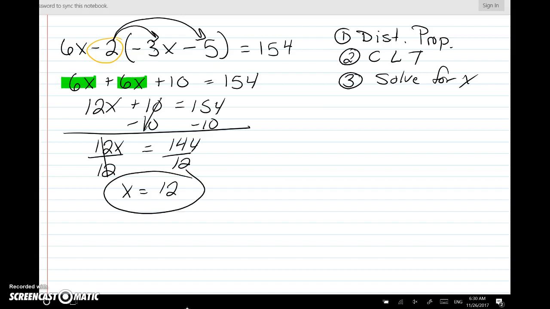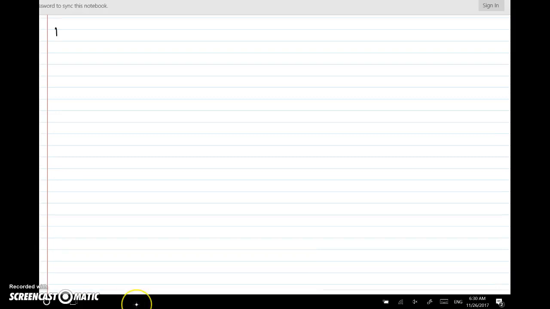I have some problems for you guys to try at home for homework. Problem number 1. 3x minus 5 minus 5x equals 3. When the box appears, show me what x equals.